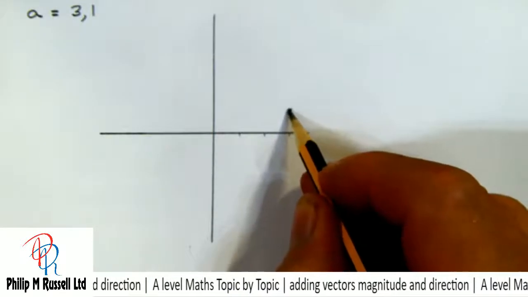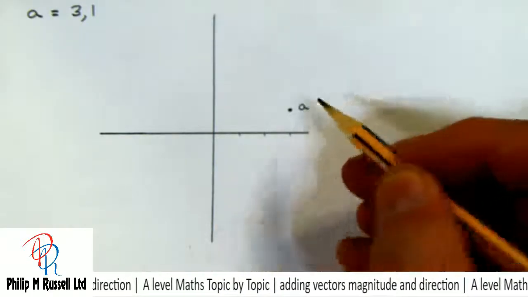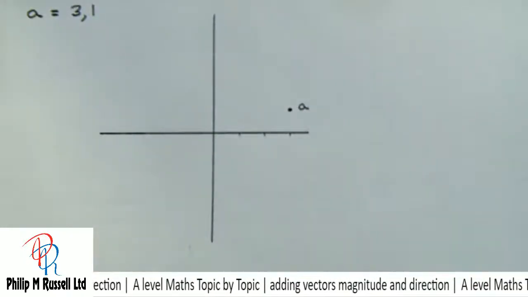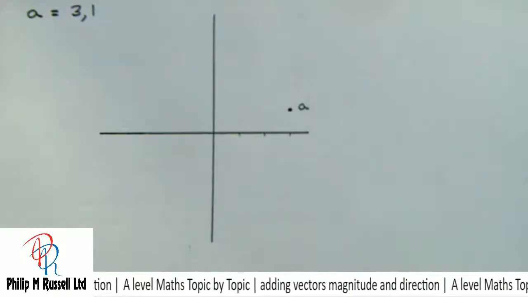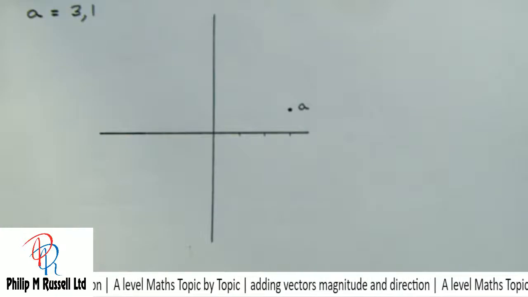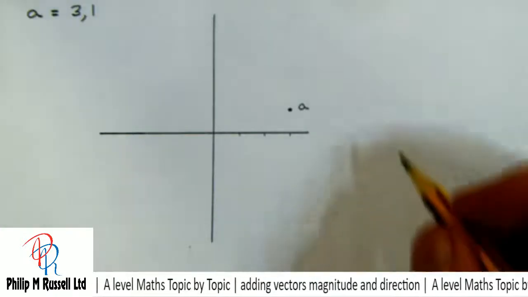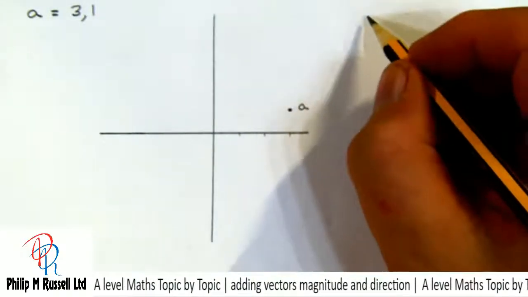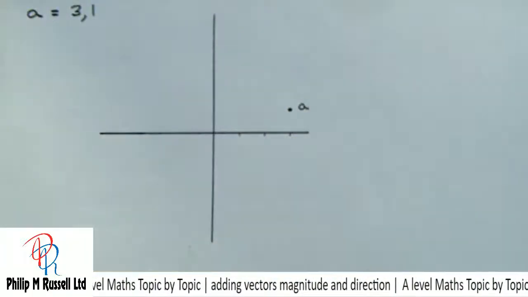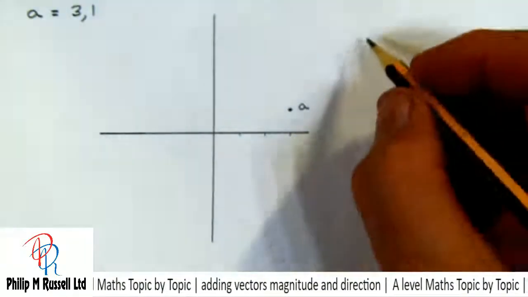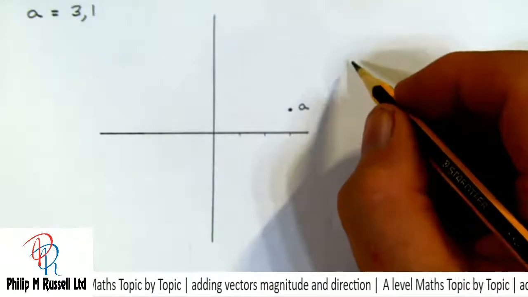That is where my position of A is. But I can now take this vector and decide that I want to go somewhere with it. So we could say that that's a position, but we could have a vector doing this.